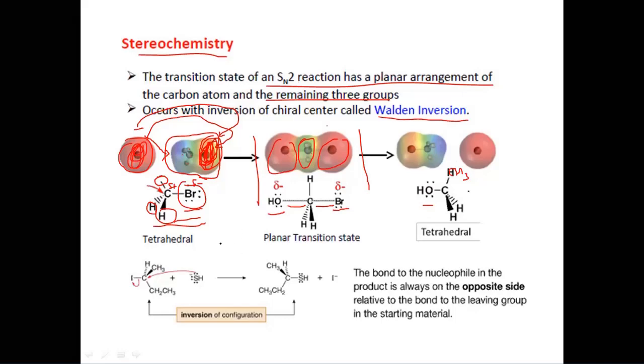Let us look into an optically active substrate. Is this optically active? Yes, sir. Here the carbon has CH3 and CH2CH3. These are different groups, CH3 is a different group, and H is also different.